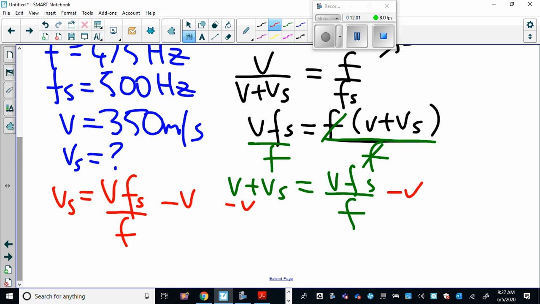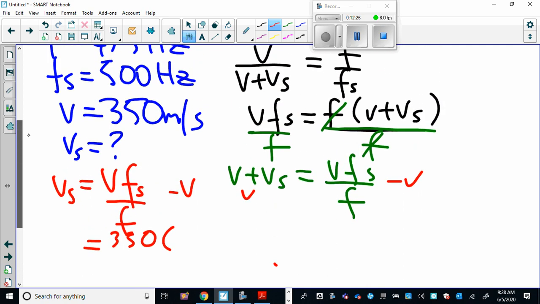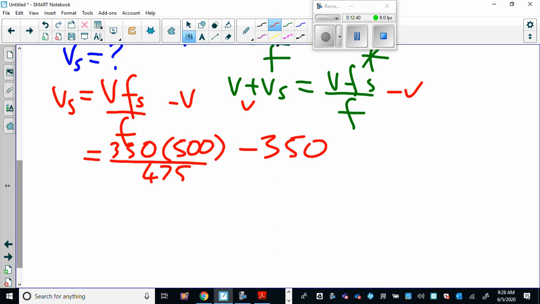And it's very important that you don't extend this line here over that one. Right? That minus V is not part of the fraction. So you have to write it like that. Let's plug in the numbers and see if we get the right answer. So Vs is 350 times 500 divided by 475 minus 350.